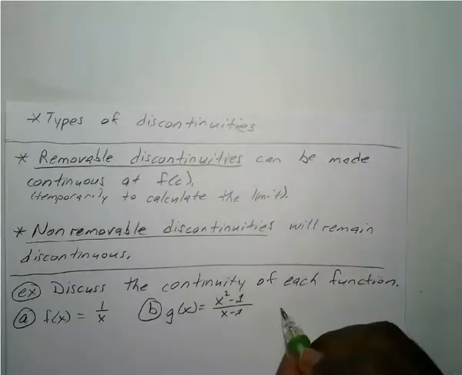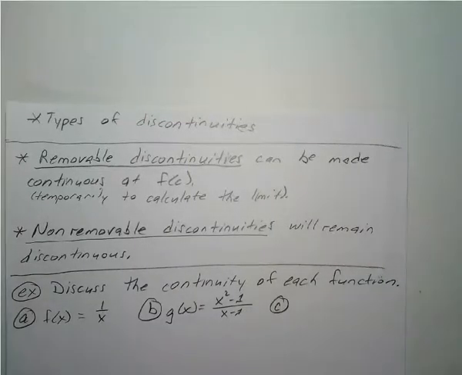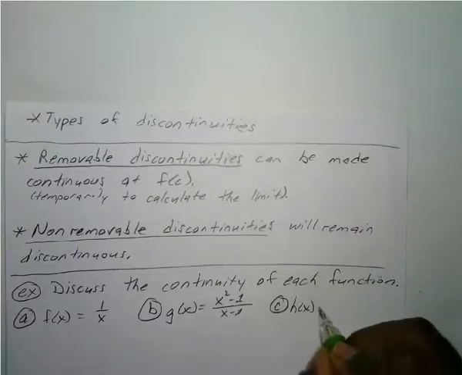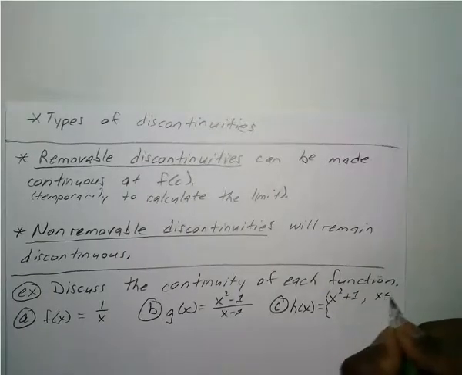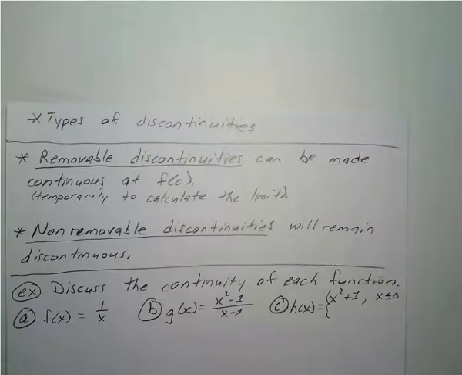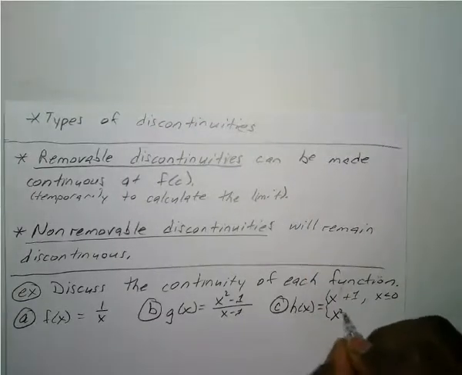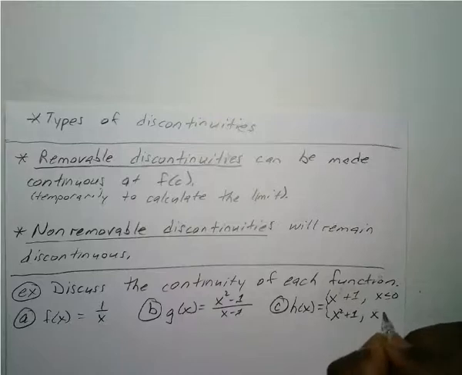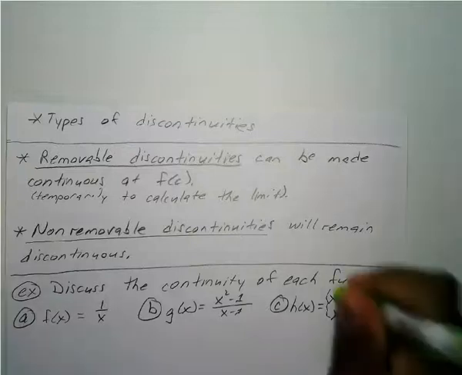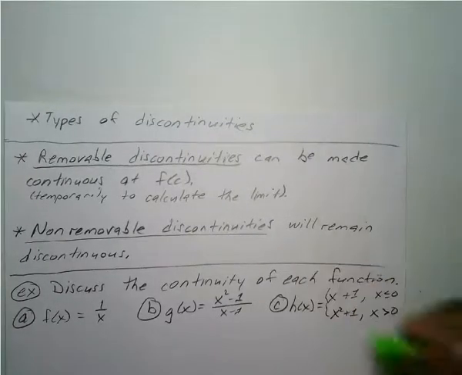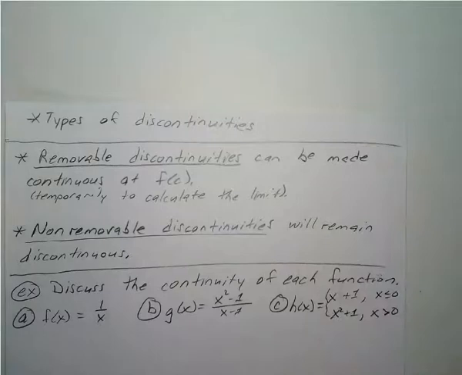And for problem C, you have h of x is equal to x squared plus 1 when x is less than or equal to 0, and x plus 1 and x squared plus 1 when x is greater than 0. All right, that's good enough.